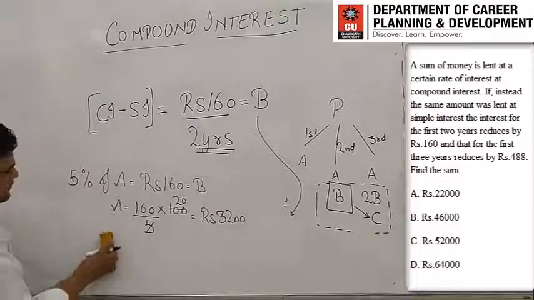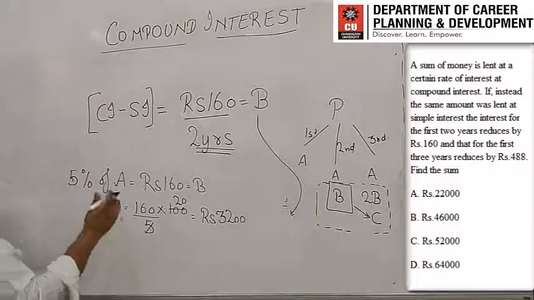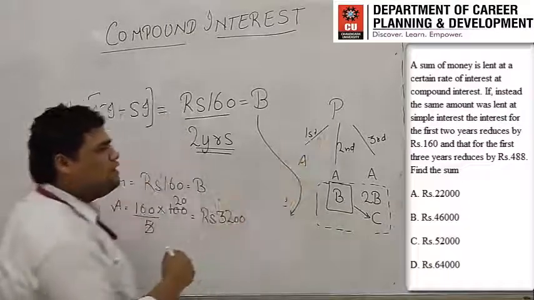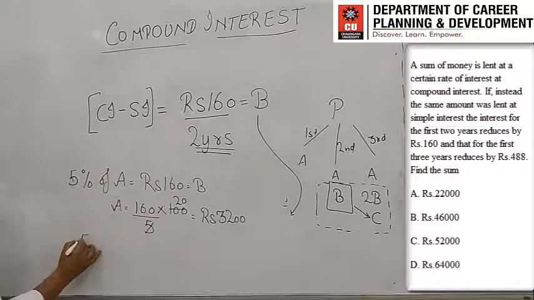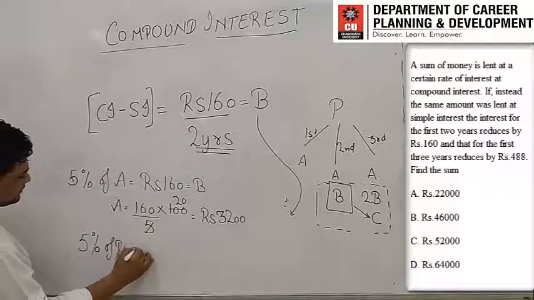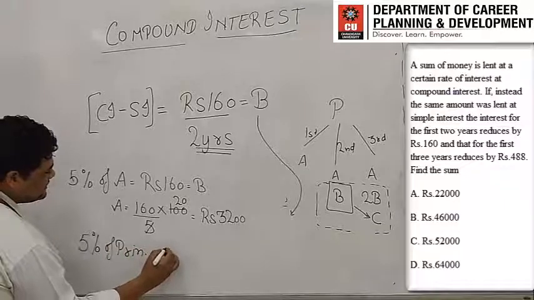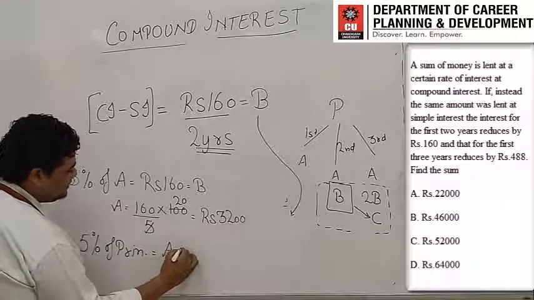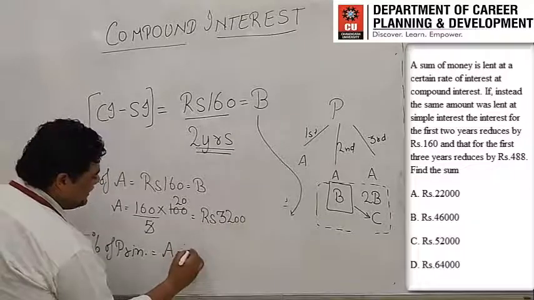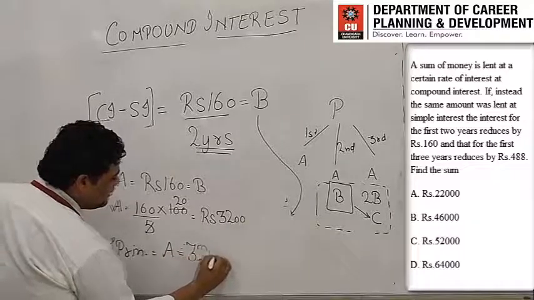Now we can find the principal the same way, as A is the interest applied on the principal. So 5% of principal is equal to A. The A value that we found here is 3200.